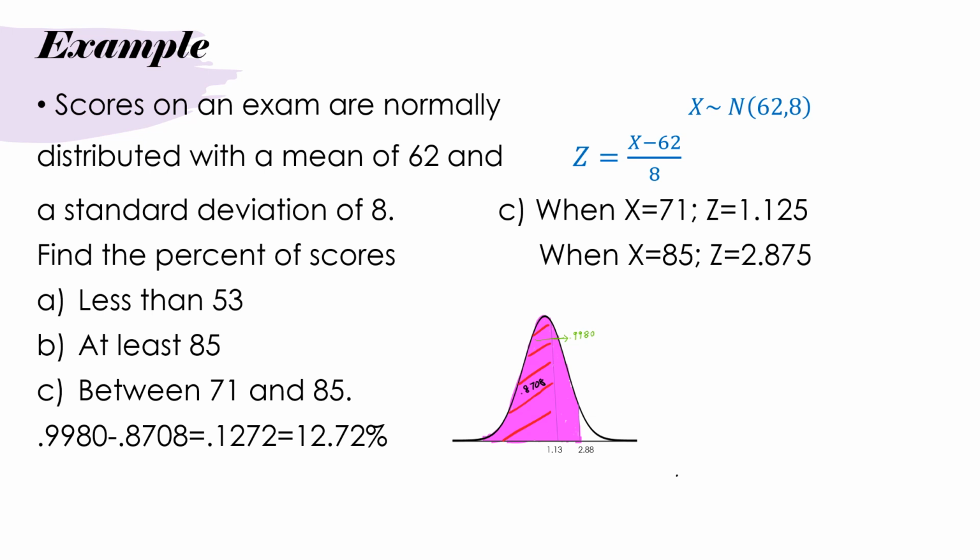So for 1.13, the area lying to the left of 1.13 is 0.8708. The area lying to the left of 2.88 is 0.9980. So the difference between those two will be the area in between, which is 12.72%.